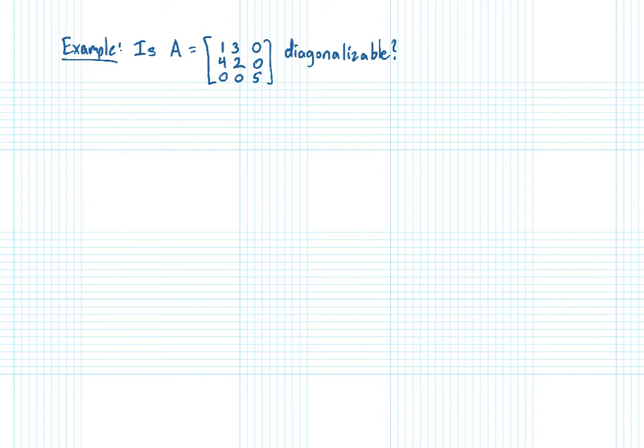Is this matrix diagonalizable? Well, the first thing you'd want to do is calculate the eigenvalues. So here is A minus lambda I, and because you've got those zeros, it's convenient to do a cofactor expansion across the bottom row or the last column. And actually, either way, you end up with the same thing.